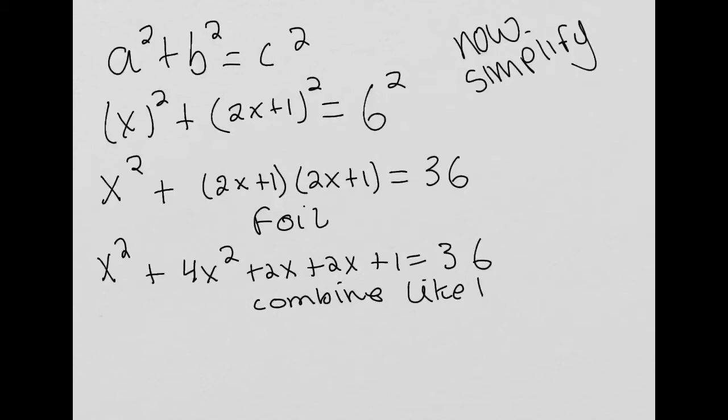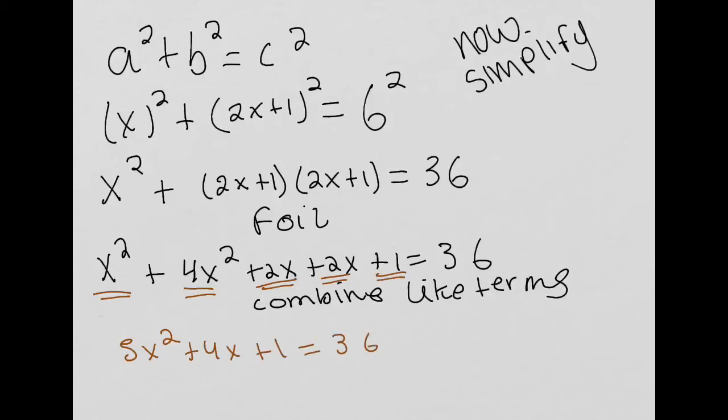My like terms, x squared and 4x squared, give me 5x squared. 2x and 2x give me 4x. And then just plus 1 equals 36.